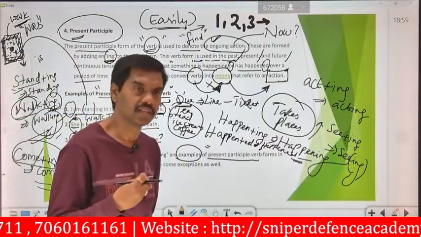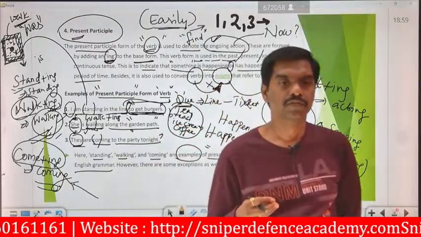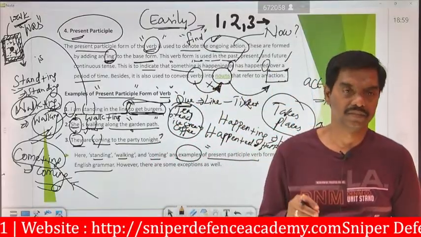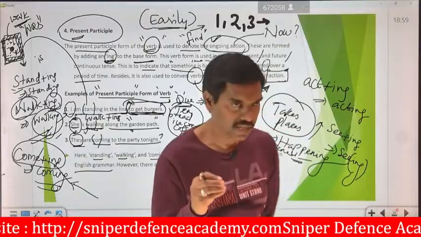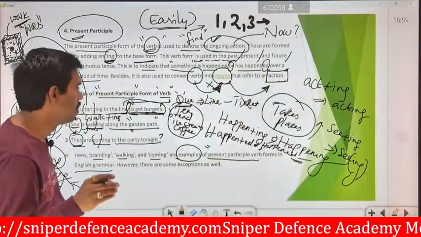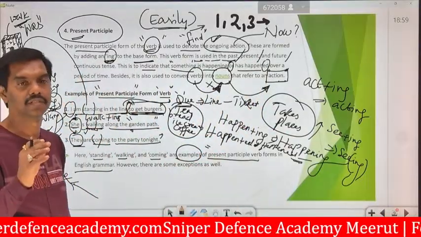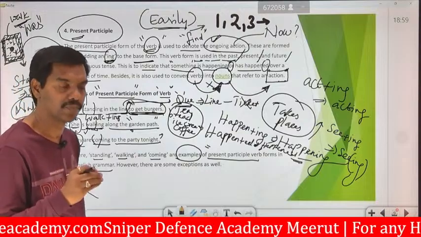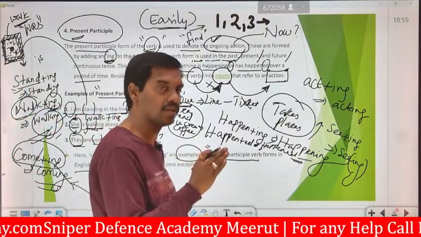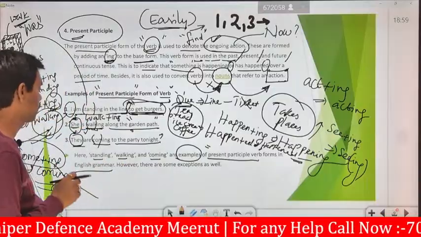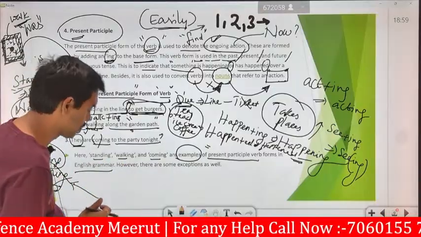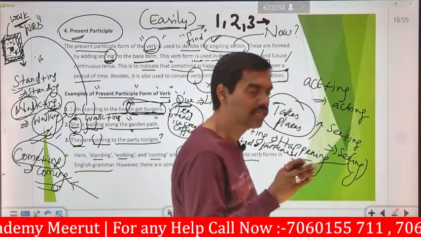I am standing in the line to drop my car. I am standing in the line to get tea. Whatever it may be, stand becomes stand plus ing. And the next one is walking. I am walking in the garden.